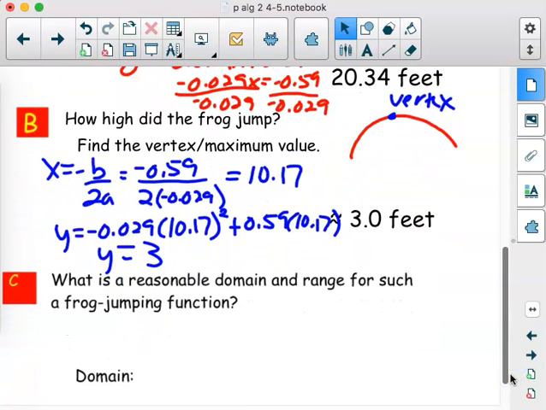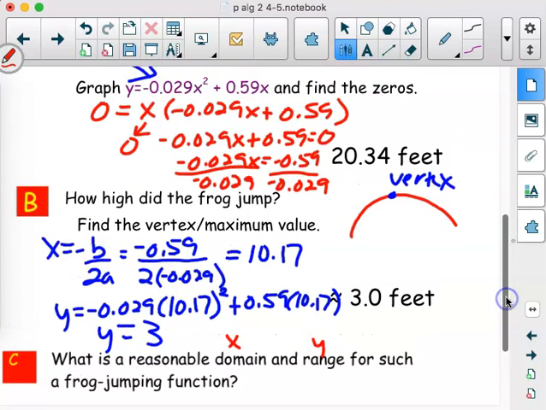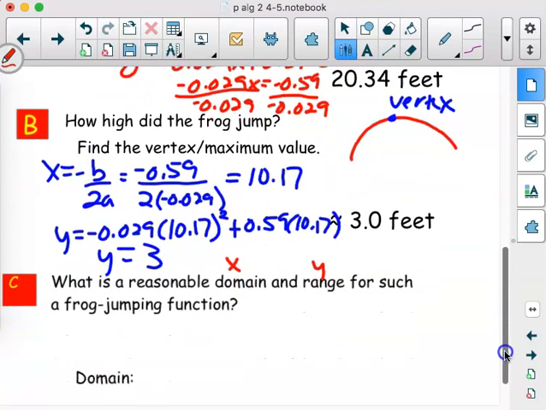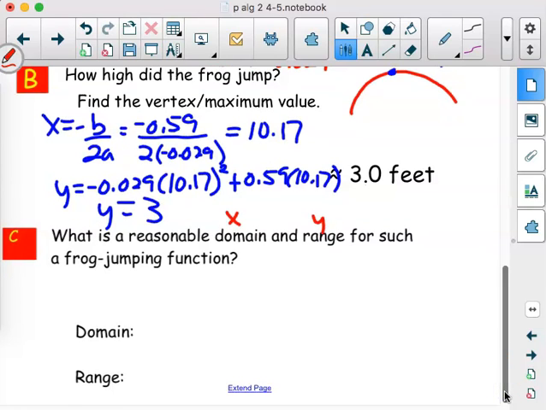And then this one says, well, if you are going to put this into the calculator, the hardest part for people is usually figuring out what should we use for a domain and range? What should we use for our x's and our y's? Well, given that we just solved the problem and we know that it can jump to 20.34 feet, it would probably be reasonable to have our x values be from 0 to maybe 25.